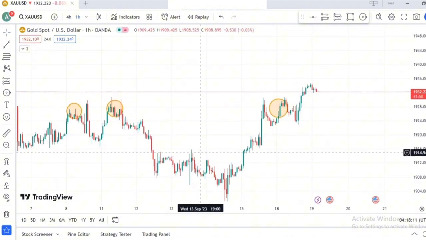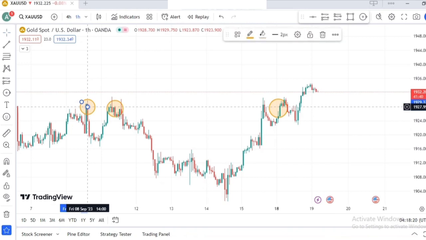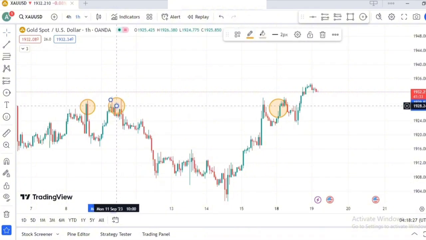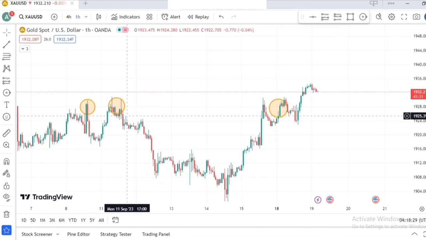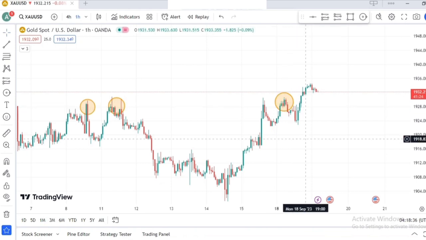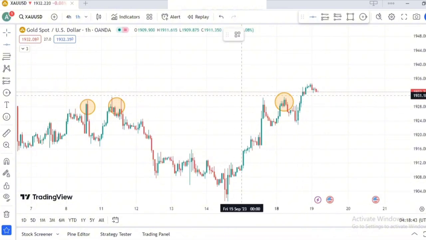Here we are on the 1-hour time frame, and we are going to see the entry more clearly here. What we are waiting for now is for the market to come back to this level, so we are going to put a horizontal line there.